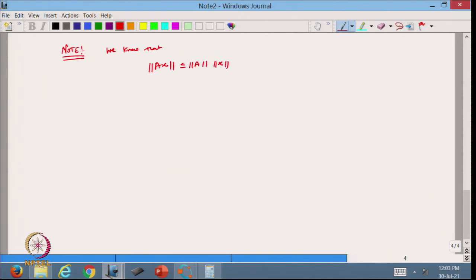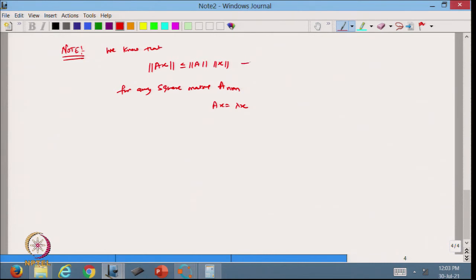So, it is a vector norm and matrix norm compatibility condition. Now, for any square matrix A, we can define Ax is equal to lambda x.